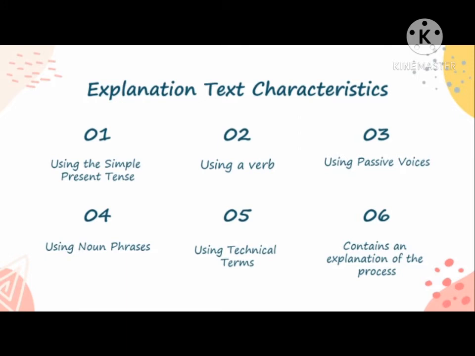Explanation text characteristics. The first one, using the simple present tense. This text uses simple present tense because this text describes facts. The second, using verbs. The examples: do, make, create, and so on.